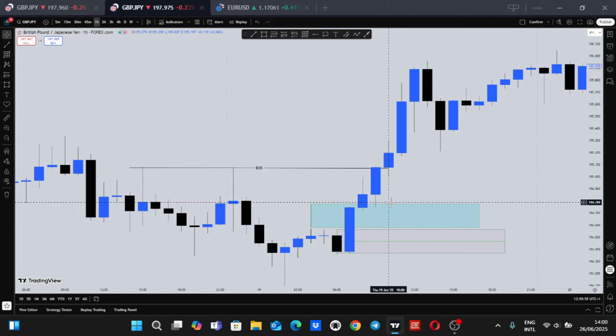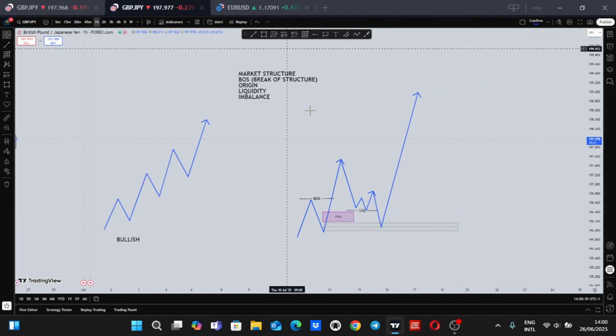So this is the ideal setup using this strategy. All you need to do after mapping out your market structure, using this example, your market structure turned out to be bullish, you go down to your entry time frame, you map out the most recent break of structure in direction with your market structure from the higher time frame.